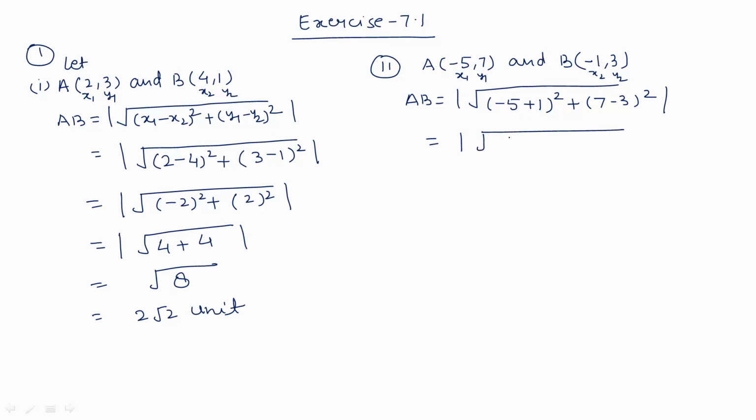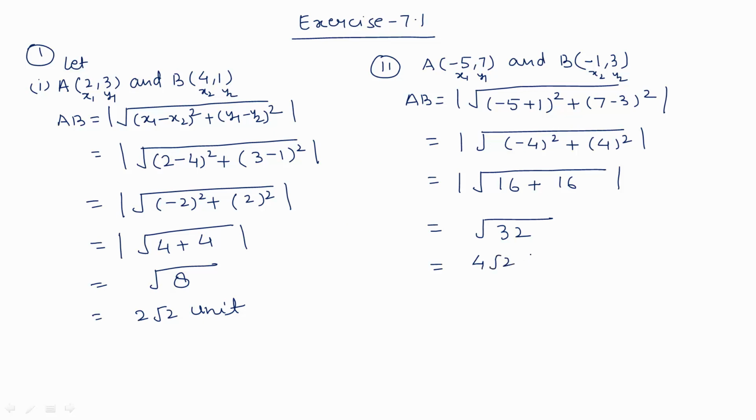Minus 5 plus 1 is equal to minus 4 whole square plus 7 minus 3 is 4 whole square. The square of minus 4 is 16 and the square of 4 is 16. This is 32. This is also a positive number, so remove the modular sign here. So the square root of 32 is 4 under root 2 unit.